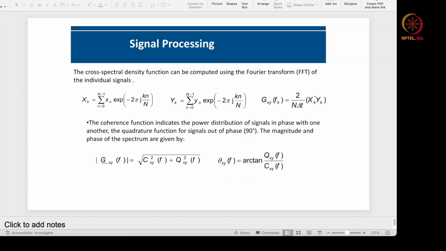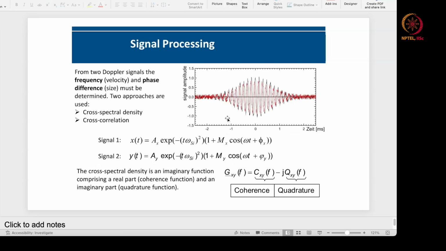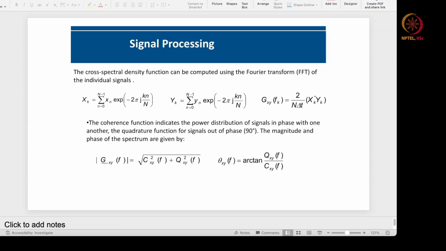So this is how you process the signal. First you take an FFT, you convert the signals into Fourier space, and then you multiply them. Basically you take the conjugate of one and multiply it with the other, and then you get what we call the cross-spectral density, which is now composed of a real part and an imaginary part.